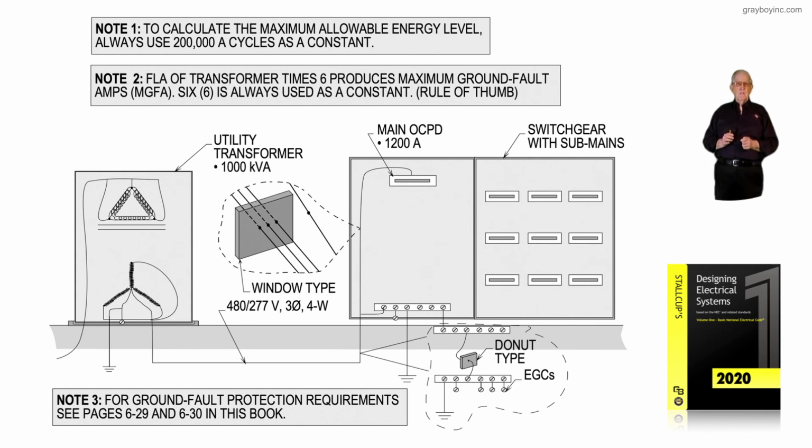And then note 3 says for the ground fault protection requirements, we could see pages 6-29 and 6-30 in this workbook, in this chapter. So this figure 6-51A is getting us started to determine where a ground fault might occur and how the settings would be set so that we localize the area where the fault occurs.